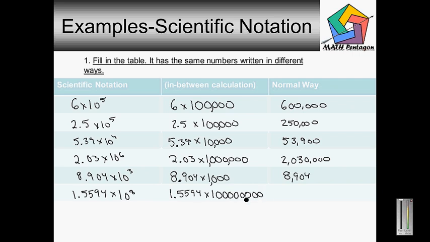So we have 8 zeros, so we separate them with commas, and so our in-between calculation would be 1.5594 times 100 million. So when we multiply this out, we would get 155,940,000 as our final answer. So this would be the normal way of writing this.